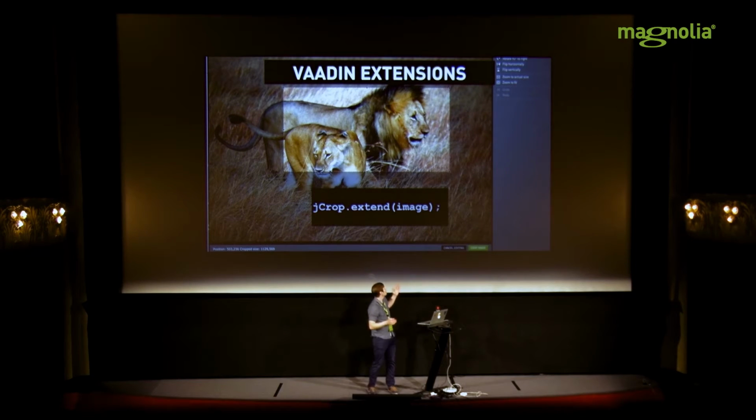And here we see an example of our own built extension called jcrop. Well, jcrop integration. So we take a Vaadin image component and attach an extension on top of it.